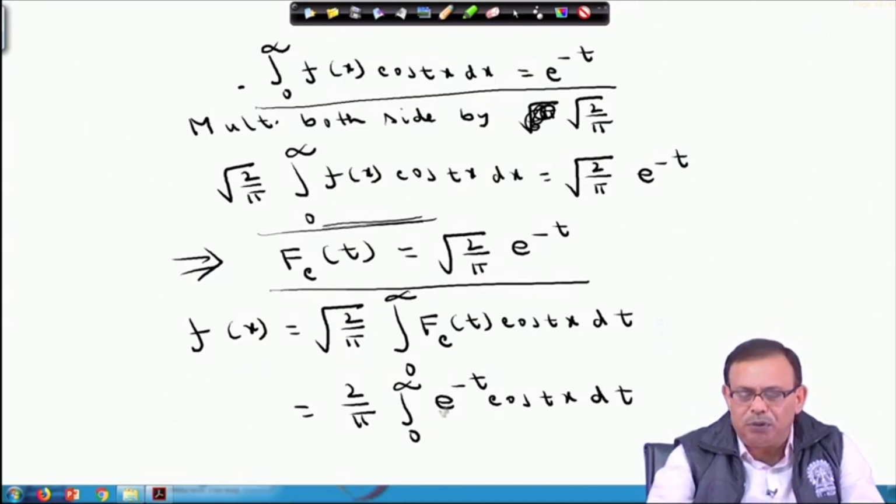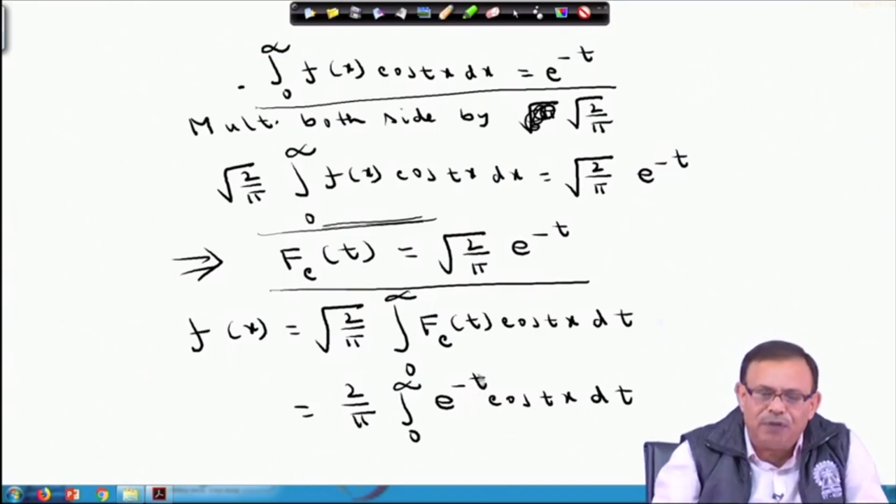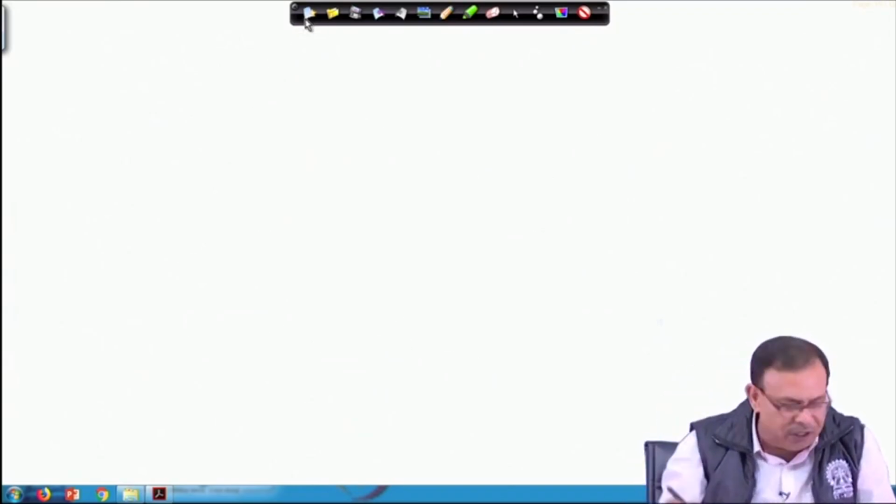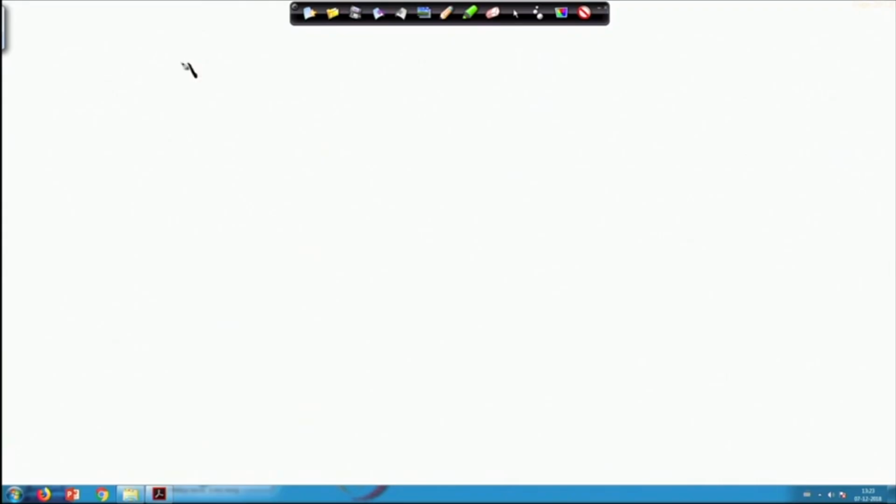So, the only thing I have to do now is evaluate this integral, 0 to infinity e power minus t cos(tx) dt, and then I can tell what will be the value of f(x). So, let us evaluate the integral now. Your I is nothing but integral 0 to infinity e power minus t into cos(tx) dt.